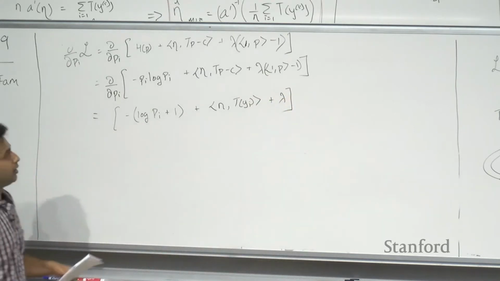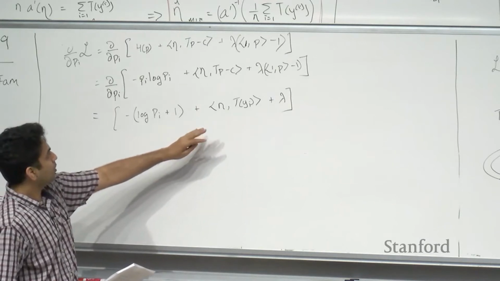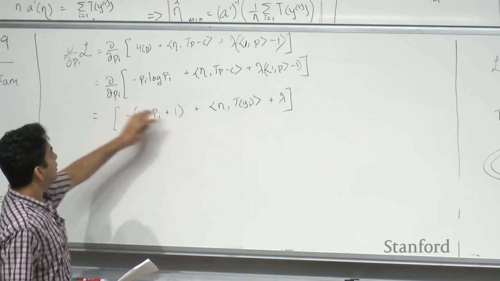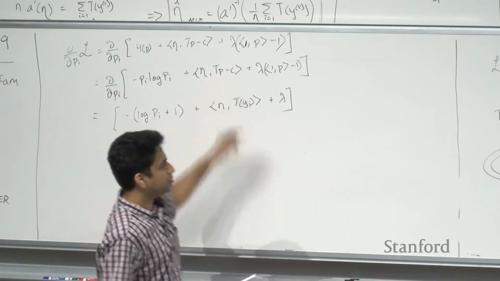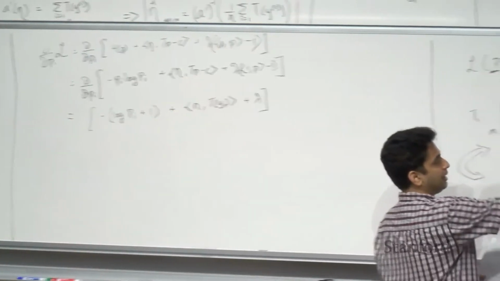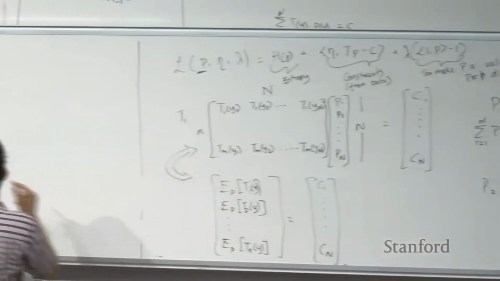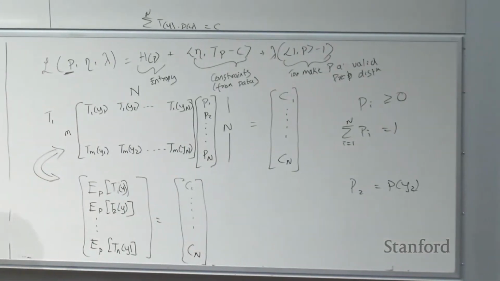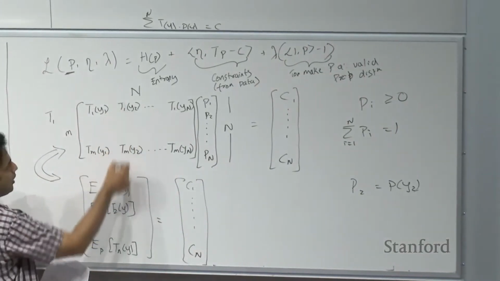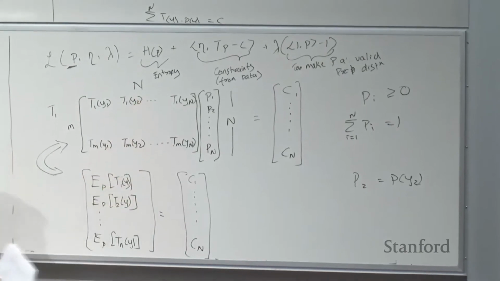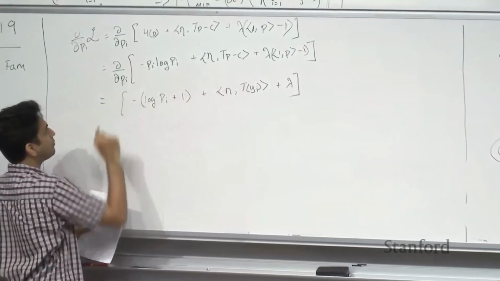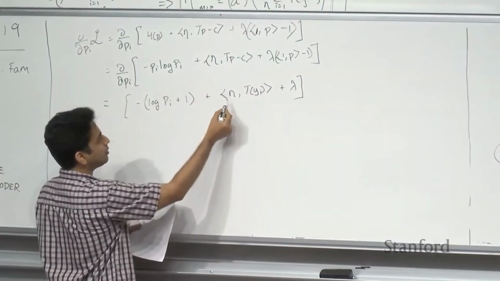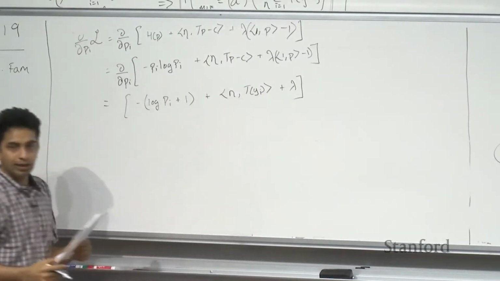So what we're doing is, in this expression, which is basically Tp minus C, pi will appear only in the ith column here, right? So this ends up being eta, and C will just get cancelled. So this will be just the inner product of eta with t of yi, right?